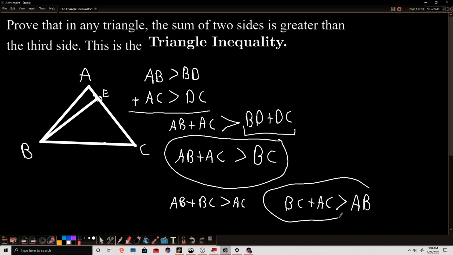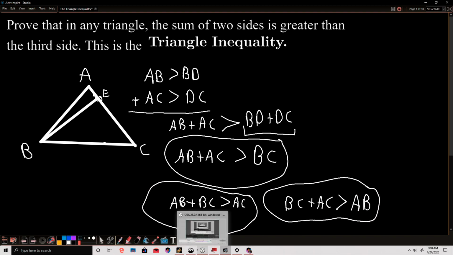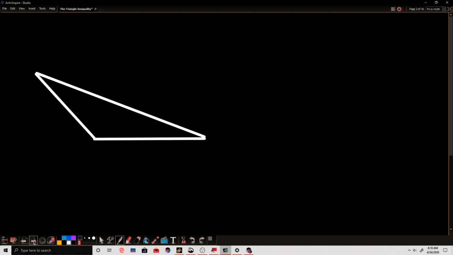Those are the 2 additional inequalities that we would find, and thus completing the proof. It's the same process I did to find the first inequality, just different altitudes. So this is demonstrating that no matter which 2 sides I add up, it is always greater than the third side. So now let's look at the case of an obtuse triangle.